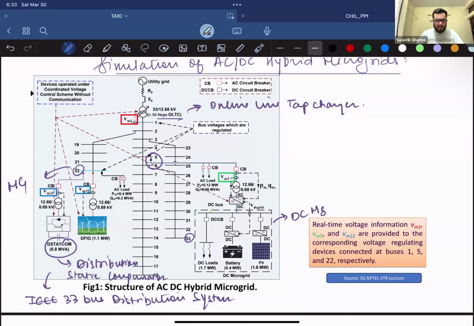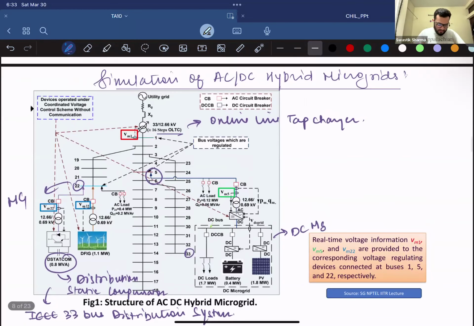It's a power electronic device which is able to compensate your voltage regulation by taking in power when the voltage is greater than a certain amount, and supplying power when the voltage sags. So you have two different kinds of voltage regulation devices available at your end. I would like to say one thing: your OLTC is a slow acting device.